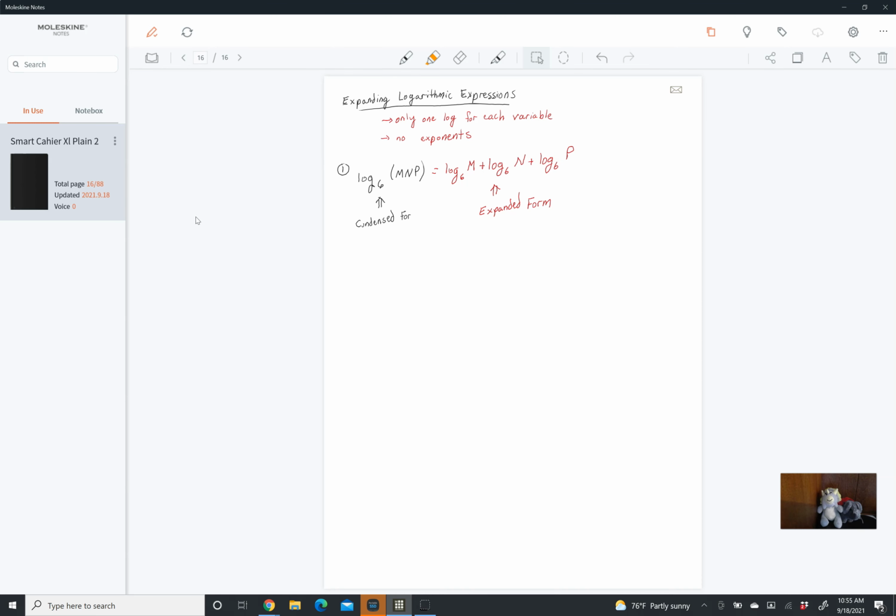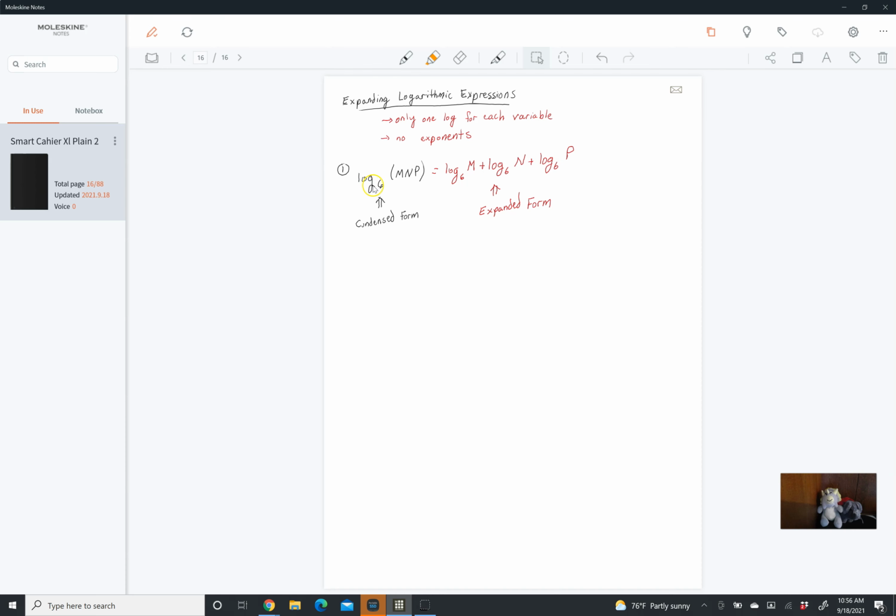I also want to emphasize that when we talk about no exponents, a common mistake for students is that they believe that this is an exponent. This is not an exponent. This is the argument. This is a base. Be careful about your handwriting. It should look like that. That 6 should be very close to the bottom of the log.